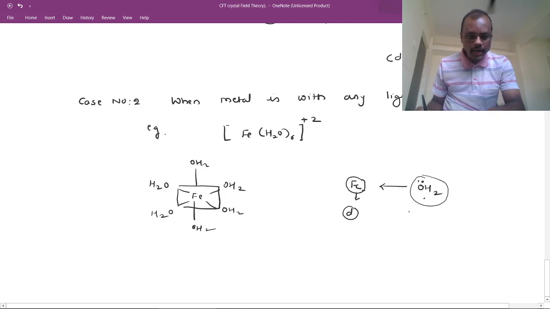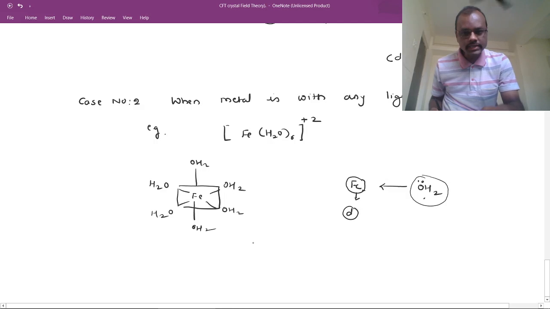As a result, the d orbitals, which had the same energy level and were degenerate, lose that degeneracy when the ligand approaches the metal.